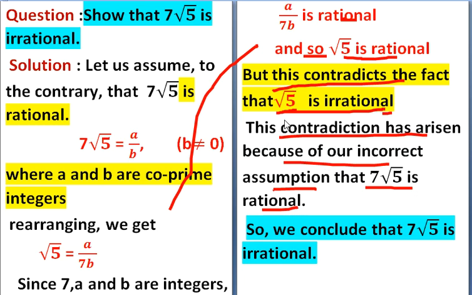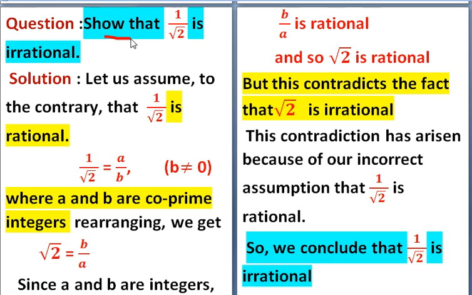So it is clear that 7 root 5 is not rational, and if it is not rational, then it is irrational, because numbers are only of two types, rational and irrational.